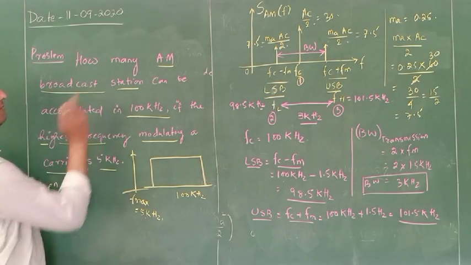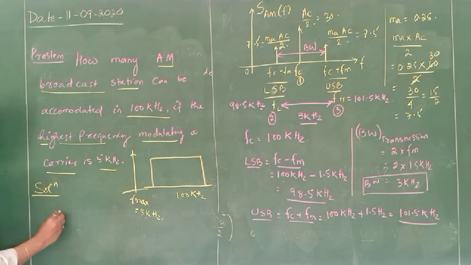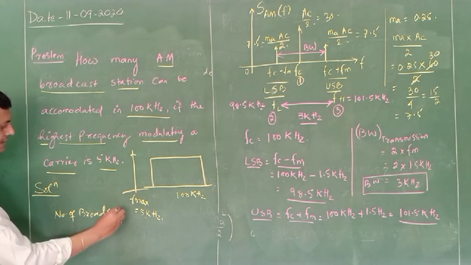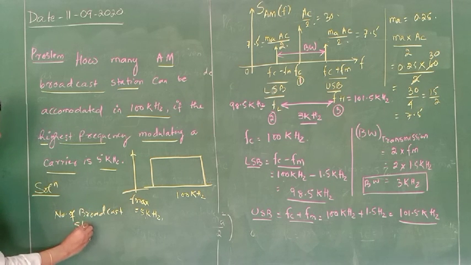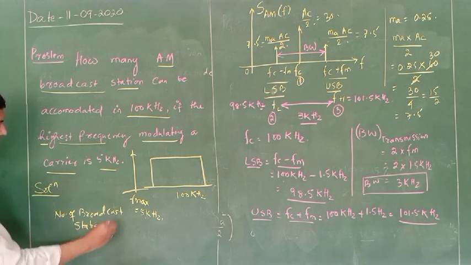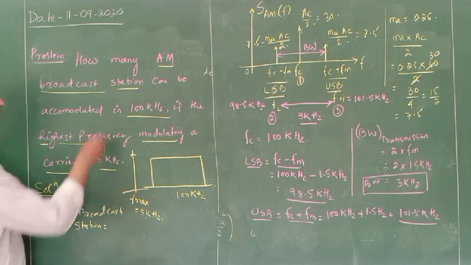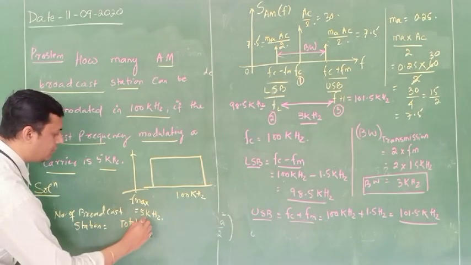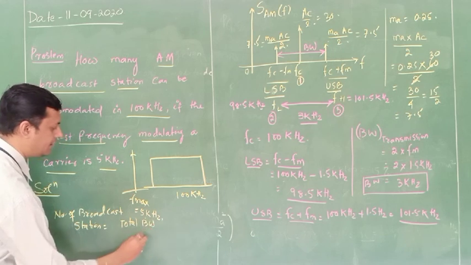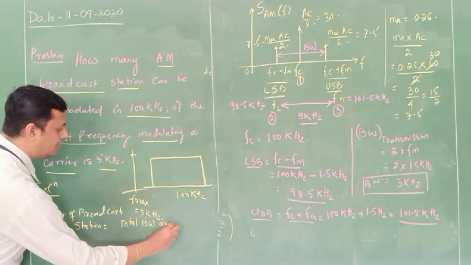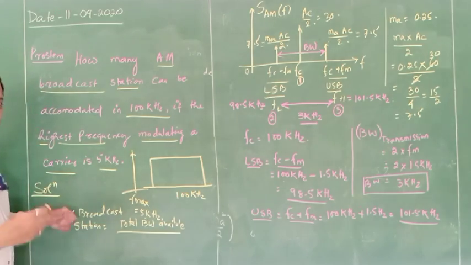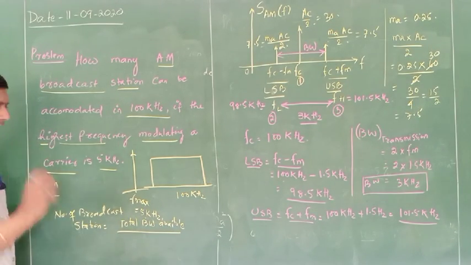So the number of broadcast stations is equal to the total bandwidth available divided by the bandwidth of a modulated signal.